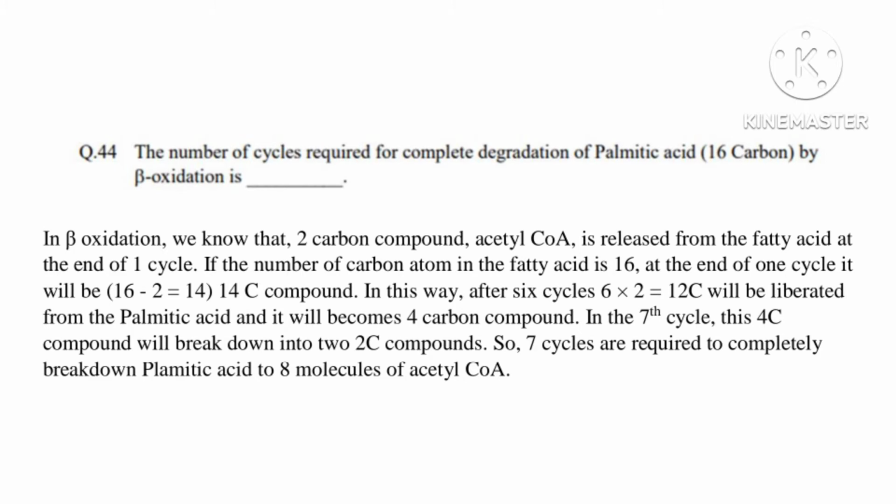In this way, after 6 cycles, 6 into 2, or 12 carbons will be liberated from the palmitic acid and it will become a 4 carbon compound. In the 7th cycle, the 4 carbon compound will break down into 2 carbon compounds. So 7 cycles are required to completely break down the palmitic acid to produce 8 molecules of acetyl-CoA.